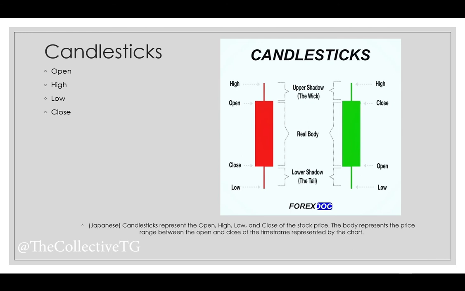And then here, you have your close, represented by the top of the body, on the right still. So here, you have your open lower than the close, therefore the candle is green. The close is higher than what it opened at, so the candle is green.